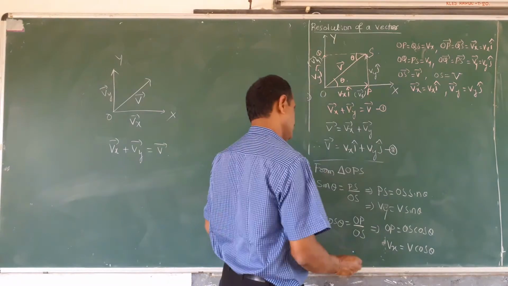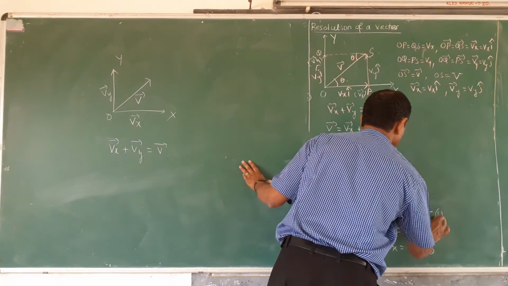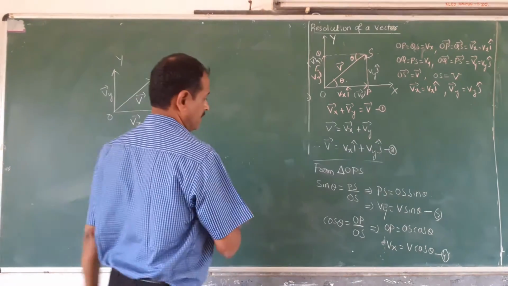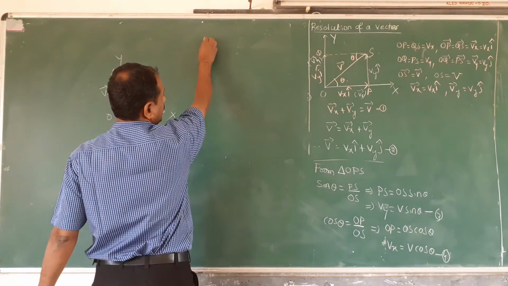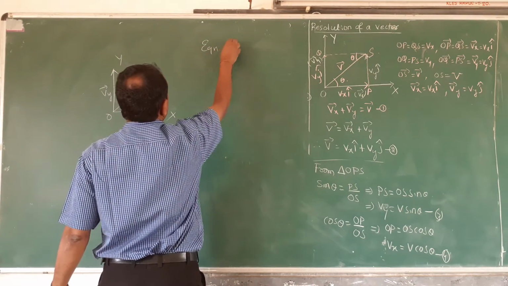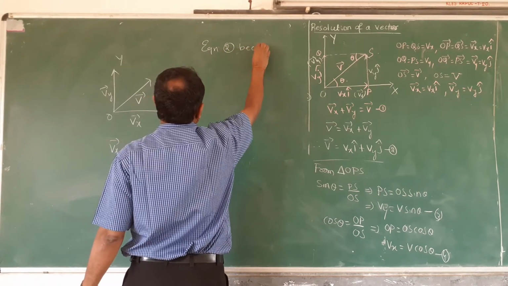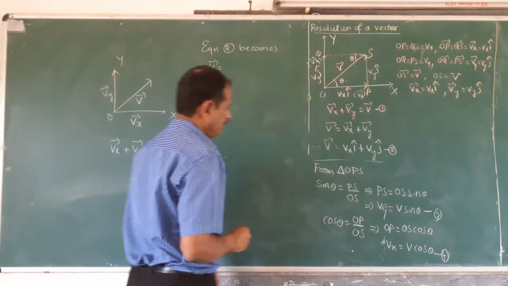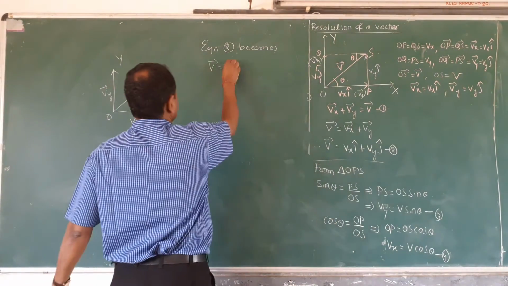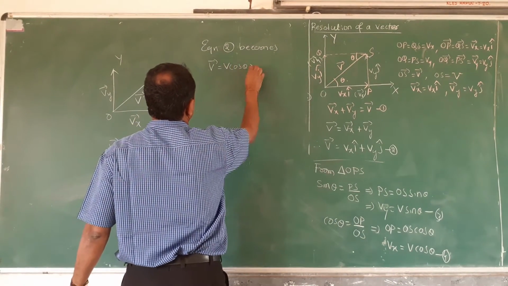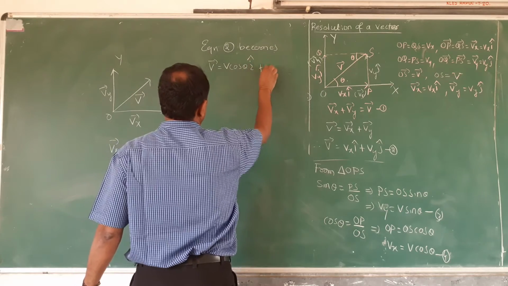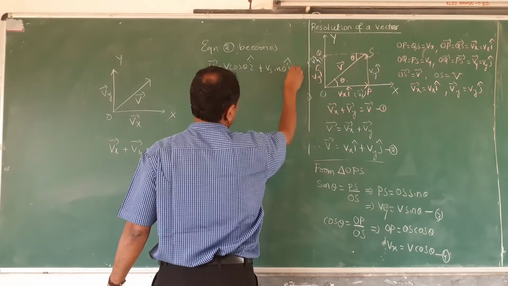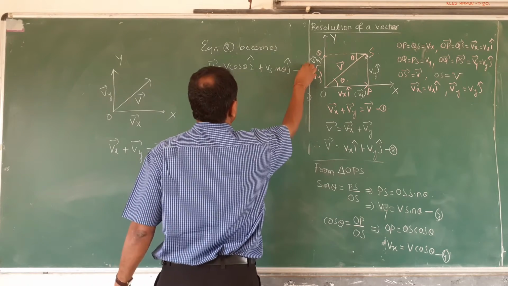Now this is equation number 3, this is equation number 4. Then equation number 2 becomes vector V is equal to V cos theta into i cap plus V sin theta into j cap. You say equation number 5.